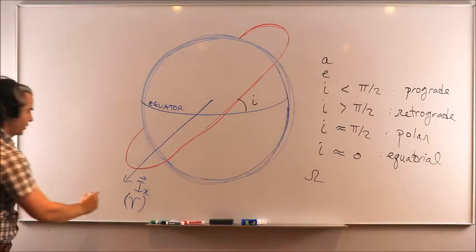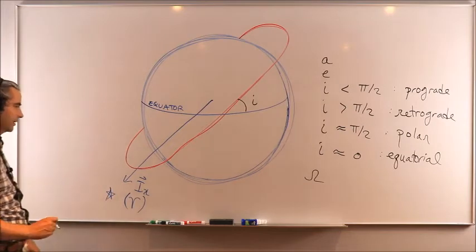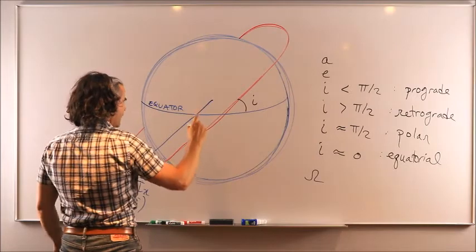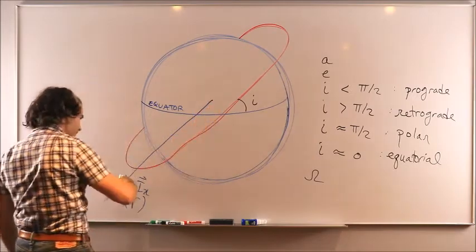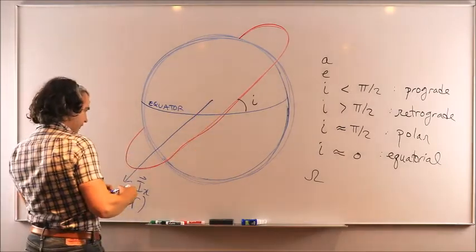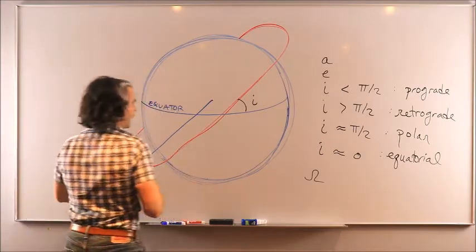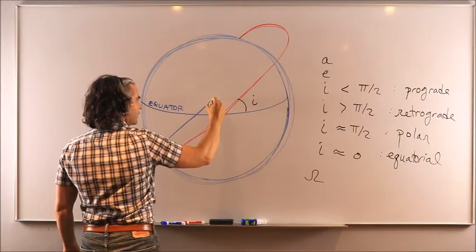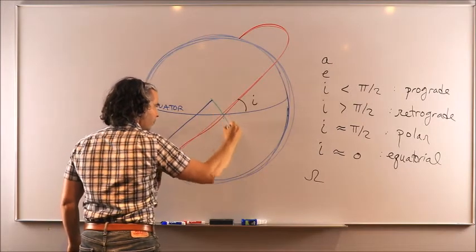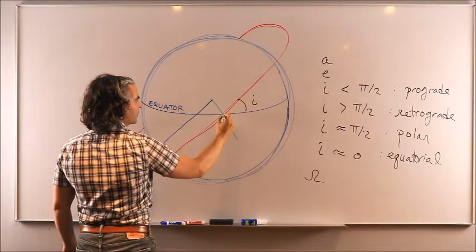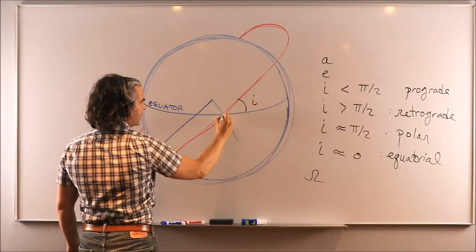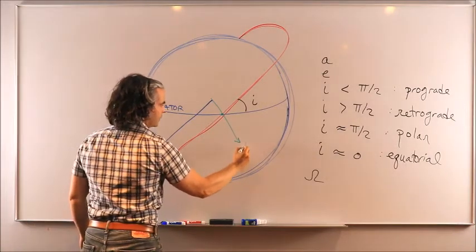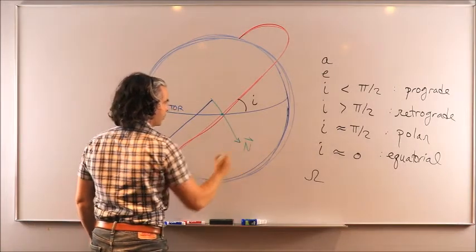Okay? It points at a star essentially, which is fixed in the sky. And so this is the angle between that unit vector, Ix, and the line along the equator that goes through the point where the orbit or the orbital plane meets the equator. Okay? This is known as the line of node.